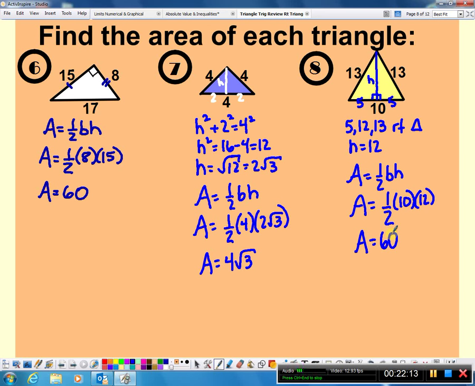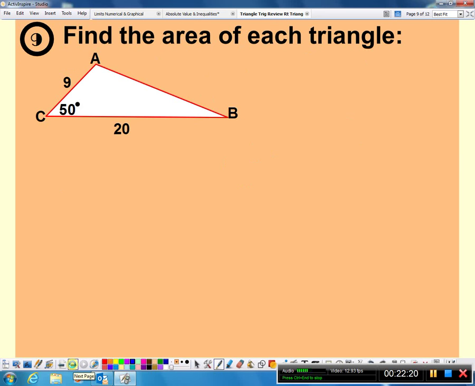Now, we're going to do the same thing here, and then I'm going to show you how you do it faster. So if you drop the height here, to find the height, let me say that the sine of 50 degrees equals h over 9. So h equals 9 sine 50.